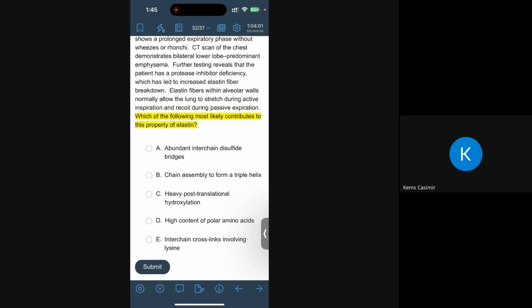Disulfide bridges are formed in collagen. They are not formed in elastin. And the triple helix is also formed in collagen, so it is not formed in elastin.